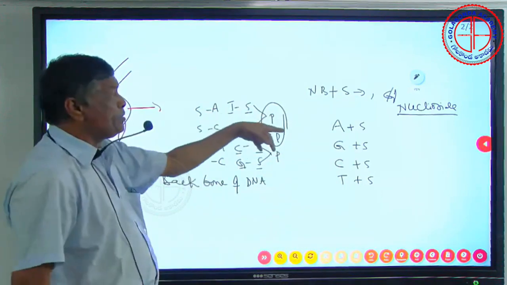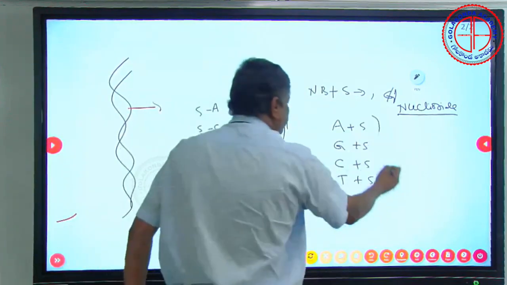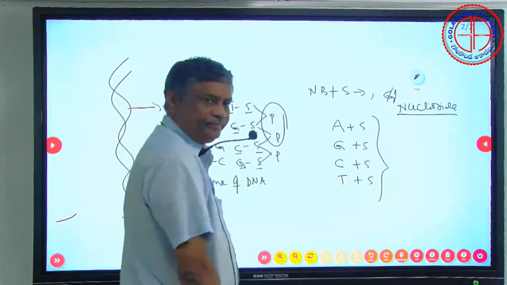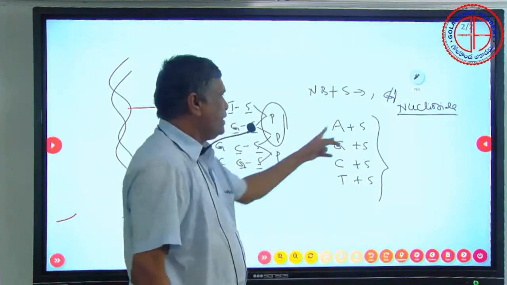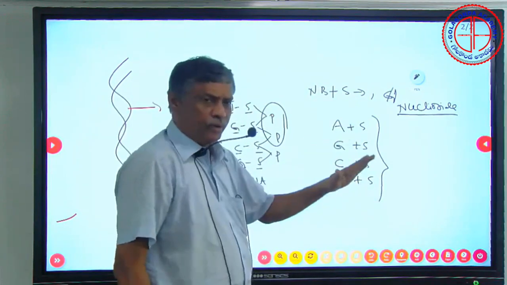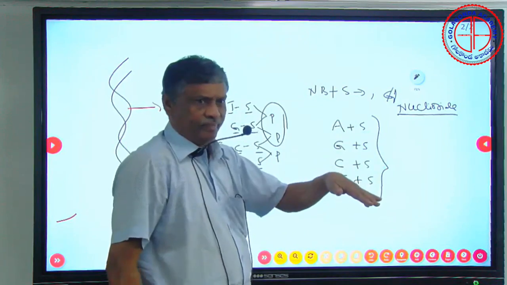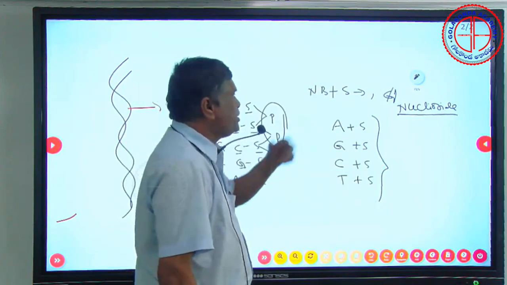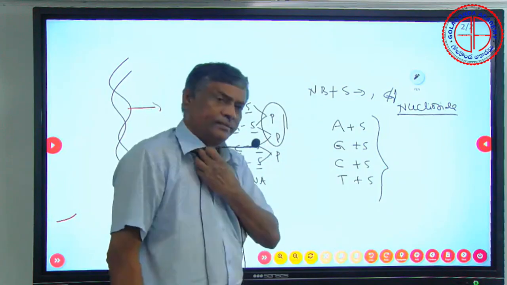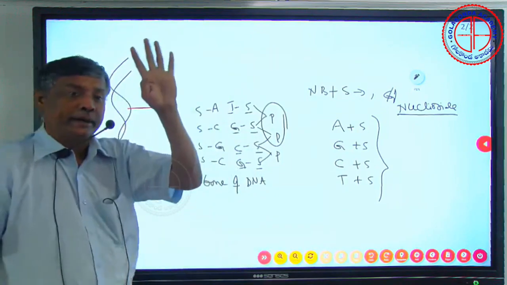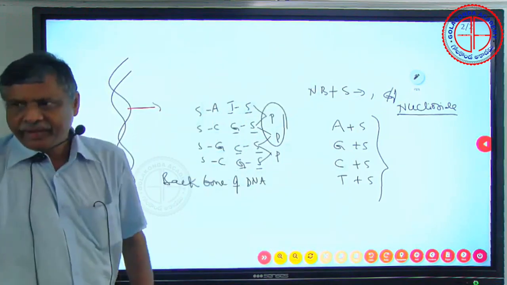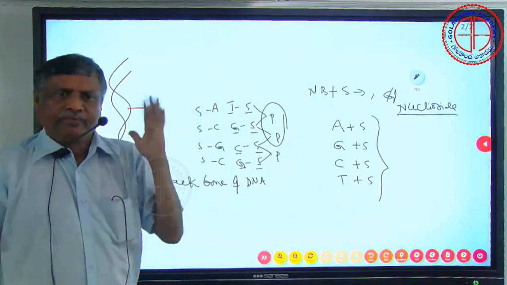So how many nucleosides are there? 4. How many nucleosides? 1, 2, 3, 4. These are the 4 nitrogen bases with sugars. So whatever length of DNA you take, it is made up of the 4 types of nucleosides. The total number of nucleosides is 4.